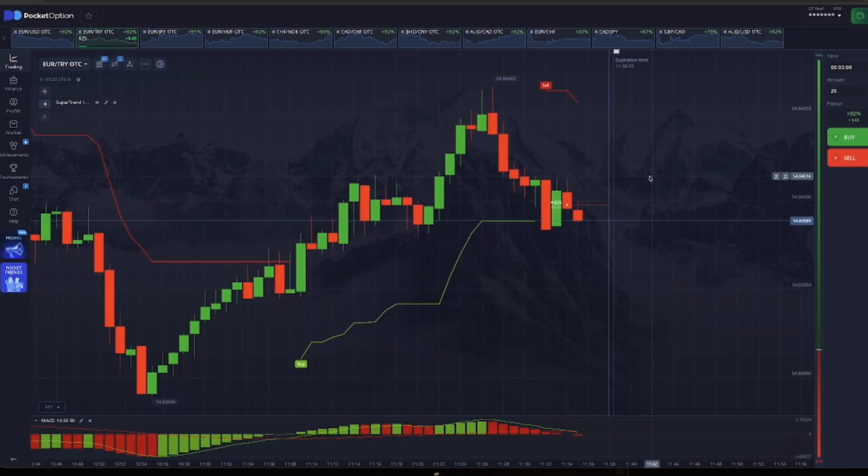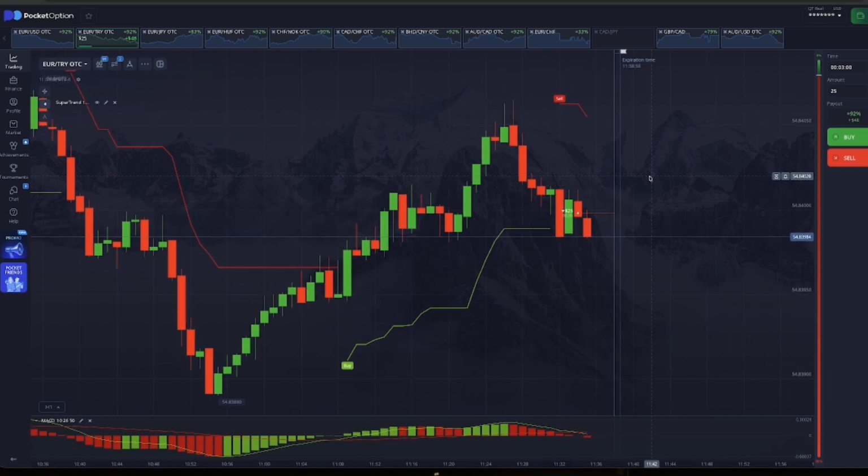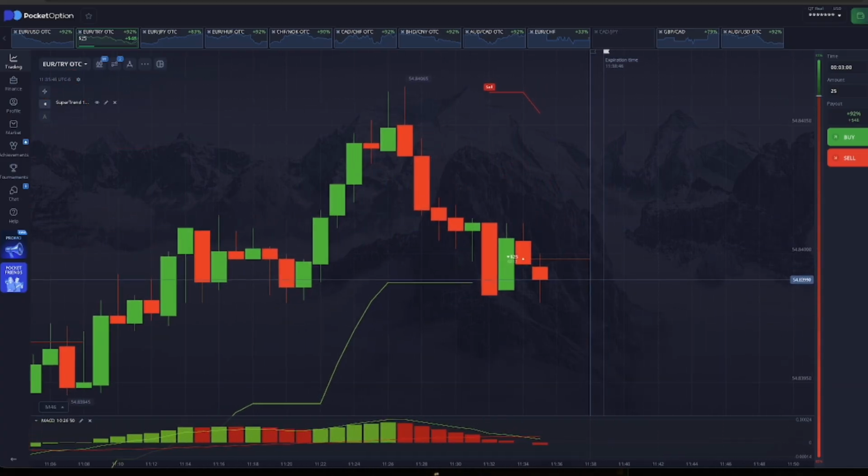And the indicator for MT4 or MT5 is going to provide you signals on your cell phone. You receive the signal, you go to your account with Pocket Option, and boom, put your sell trade or buy trade.